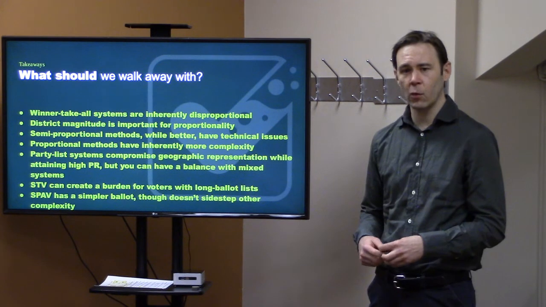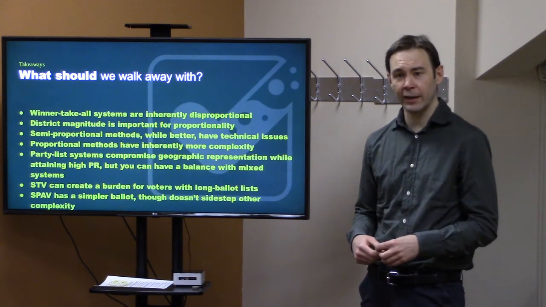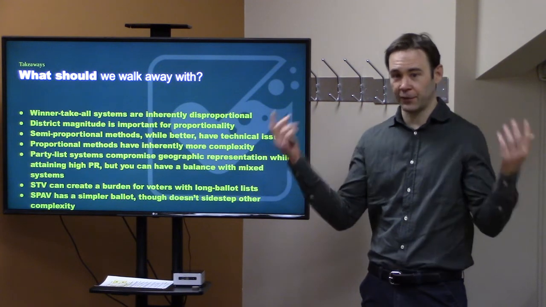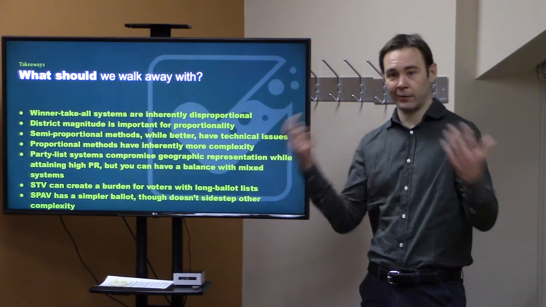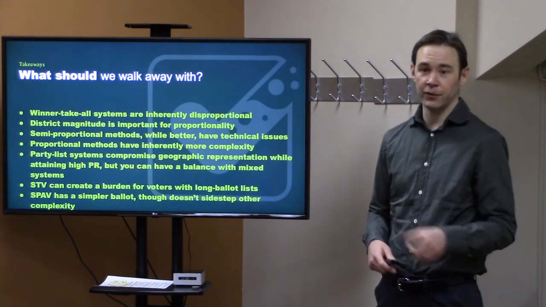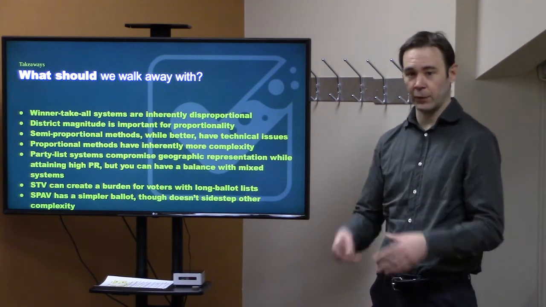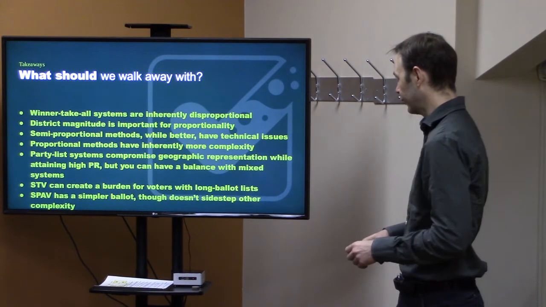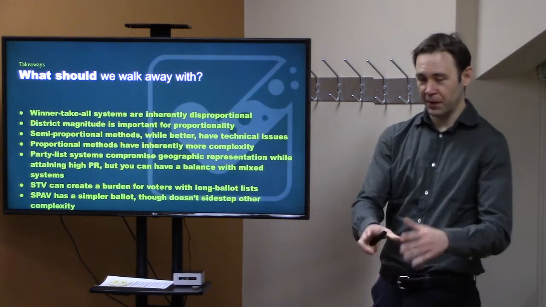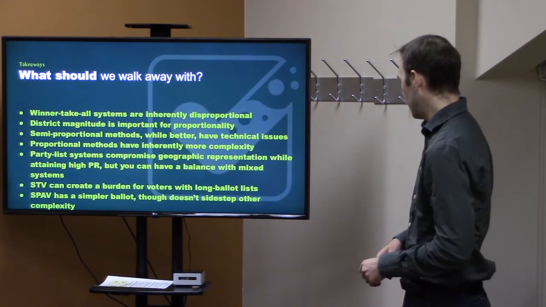They require a lot of coordination from both the people running and voters, and so you get some outcomes that are not quite as good. But they are better than single winner-take-all systems when you have that option. So not to totally push them to the side, they are better than winner-take-all systems.